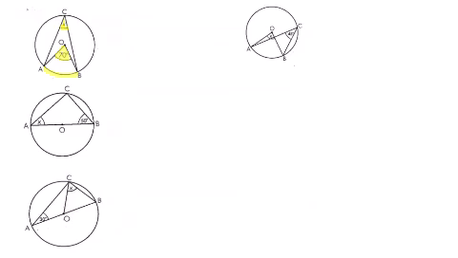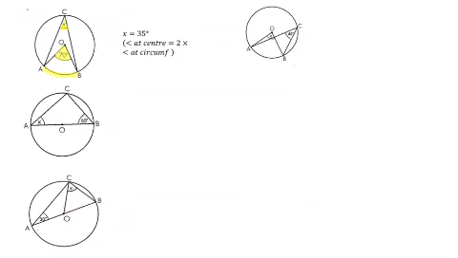So x will be equal to half the size of the angle at the center, which is 70. Half of 70 is 35. So in the first example, x is equal to 35 degrees, and the reason we will give is angle at the center is equal to 2 times angle at the circumference.